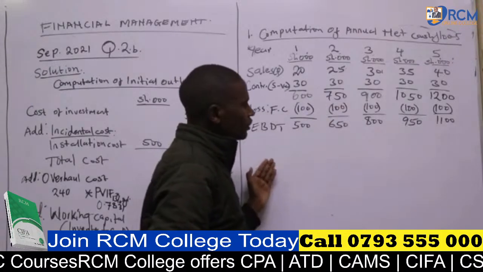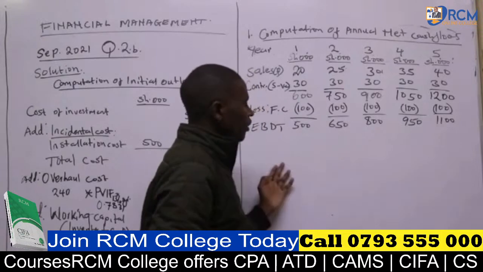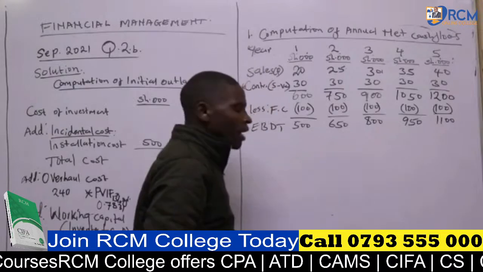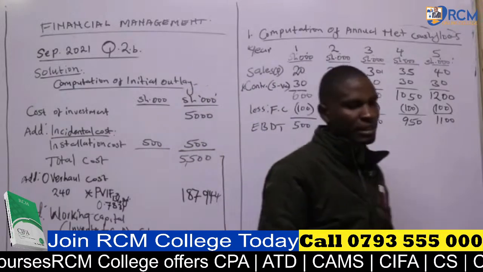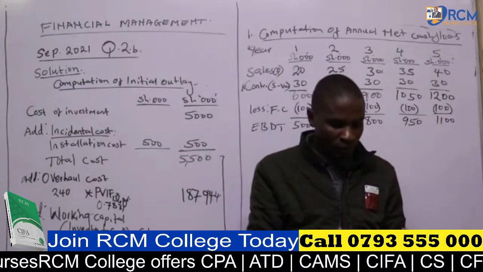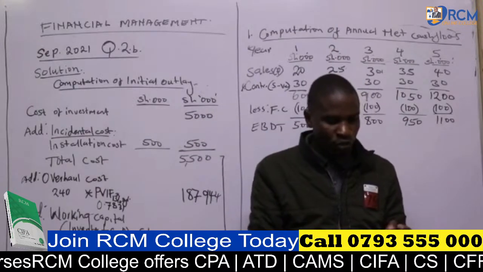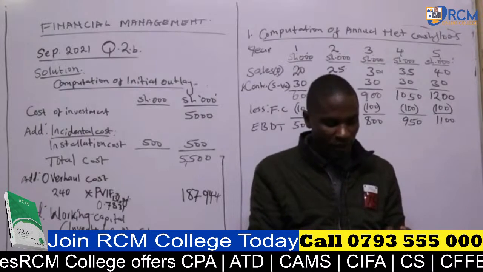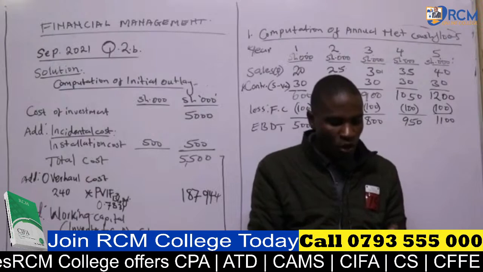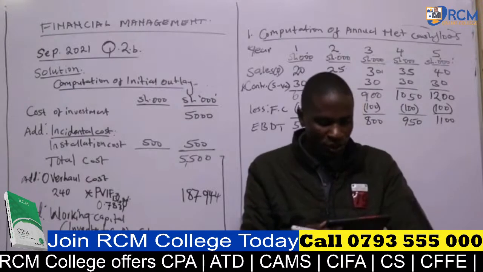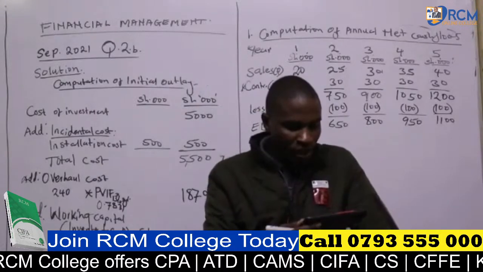And since we don't discount profit, we go all the way to eliminating them, and then adding back depreciation. So we proceed to the next part. We less our depreciation. And how do we compute our depreciation? We were told something there.